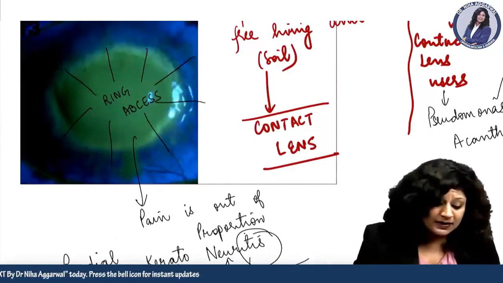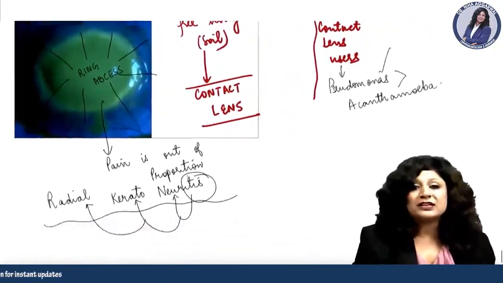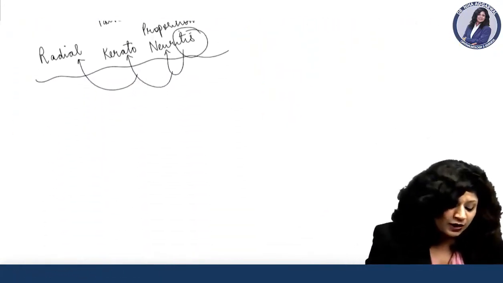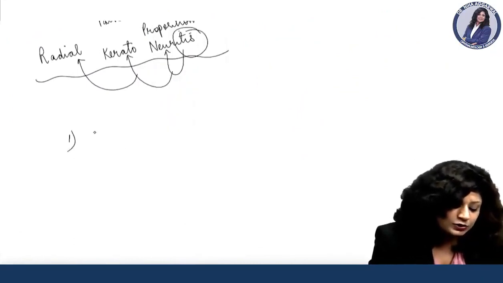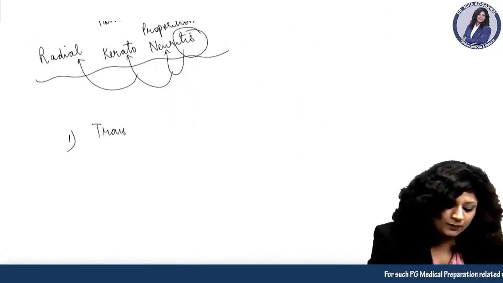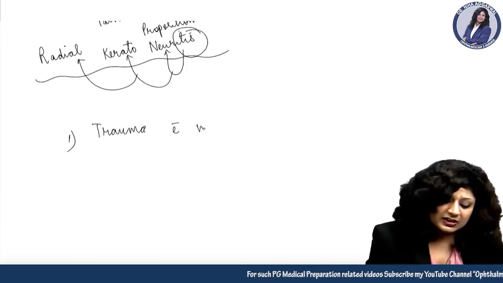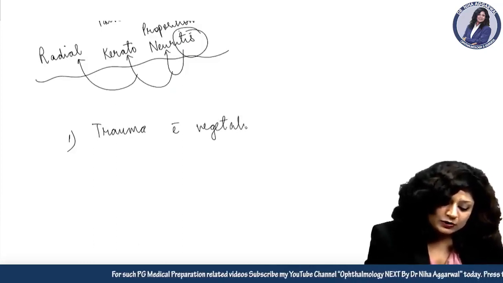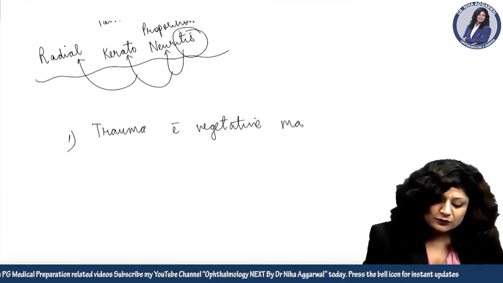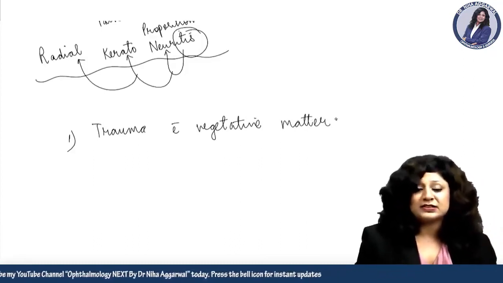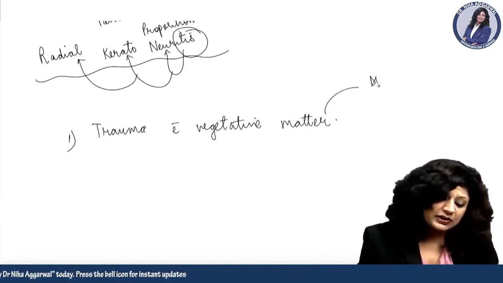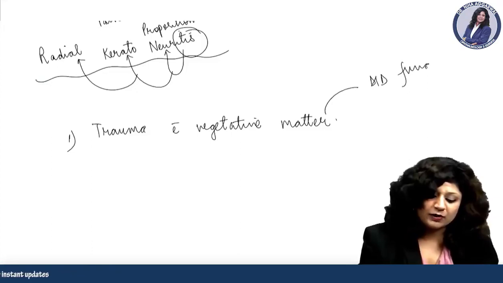Now what can be confusing here? Confusing things are so many. First of all, here also you can get a history of trauma by vegetative matter, by which you can actually confuse it with the fungal corneal ulcer.